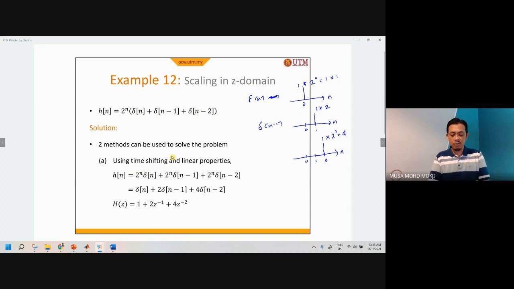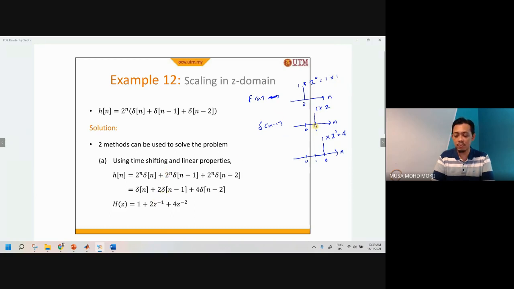That's why when we expand this equation, it becomes something like this. I'll expand it first. This becomes delta n because at this position we have only 1, multiplied by 1 because this is 2 to the power of 0. So you get 1. The second one, why is this 2?